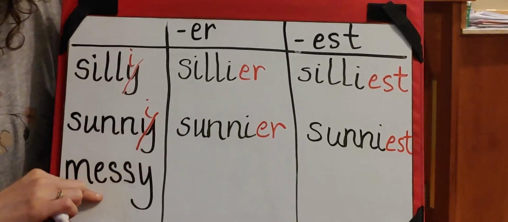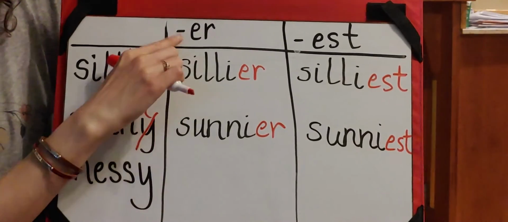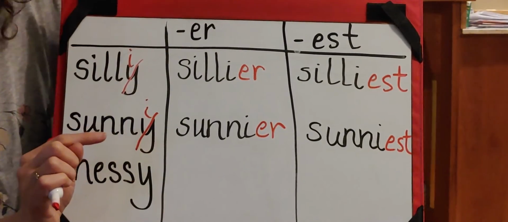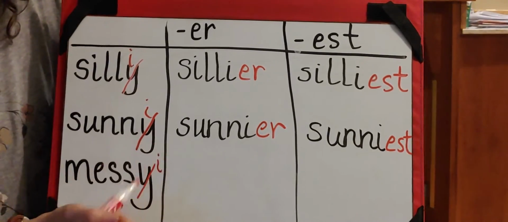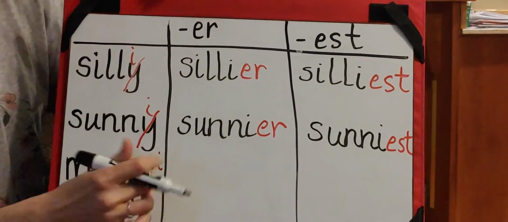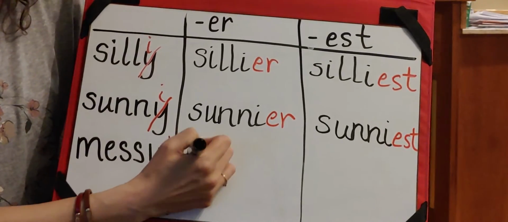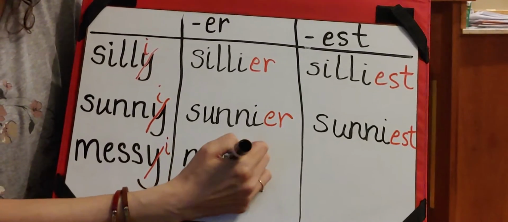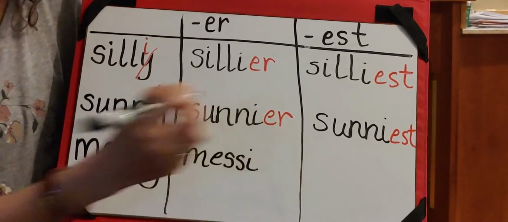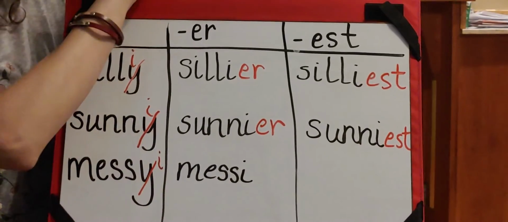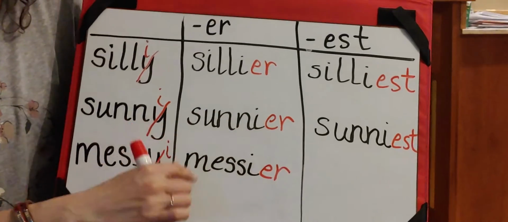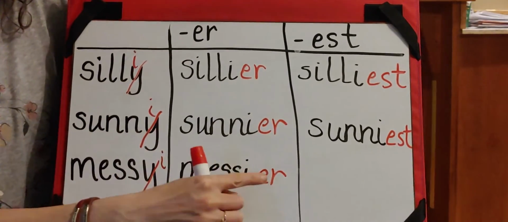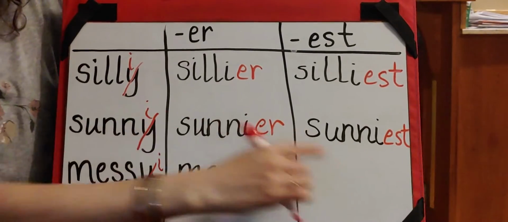What do we have to do to the word messy before we can add this ER ending? Very good. We have to change the Y to an I. So we're going to write messy with an I, and then we can add ER. What word did we make? Messier. Now we're going to write messy again.